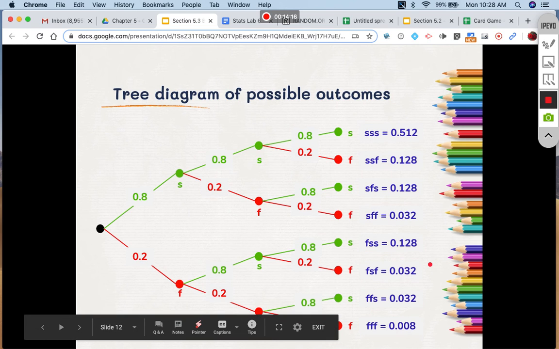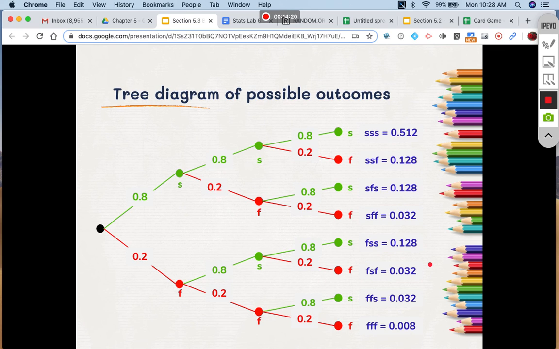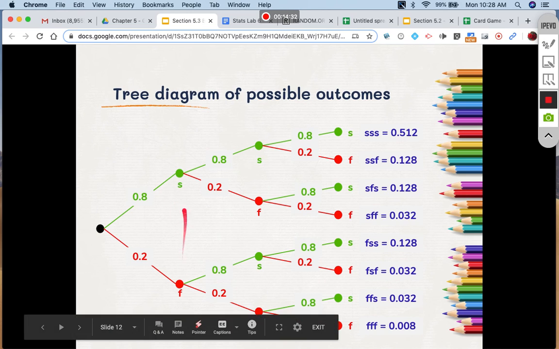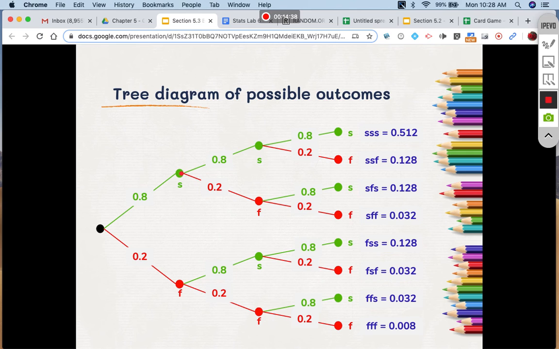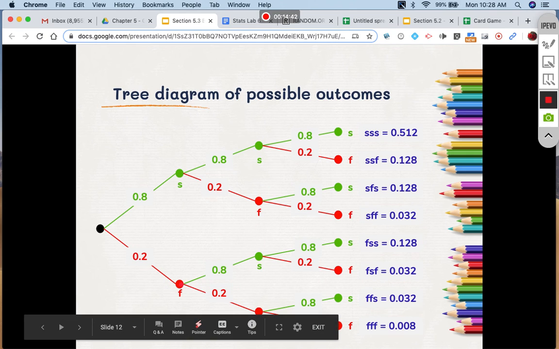Now sometimes we do this with a tree diagram, and we've used tree diagrams in the past in grade school and middle school, especially when doing prime factorization. But again, at any point, we pick the first person. They either have success or failure. So 80%, 20%, we're going to mark those. Then we pick the second person, either success or failure. If we pick the failure first, then the second person, success or failure.